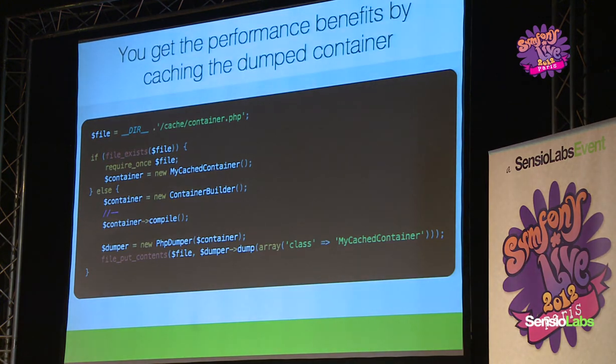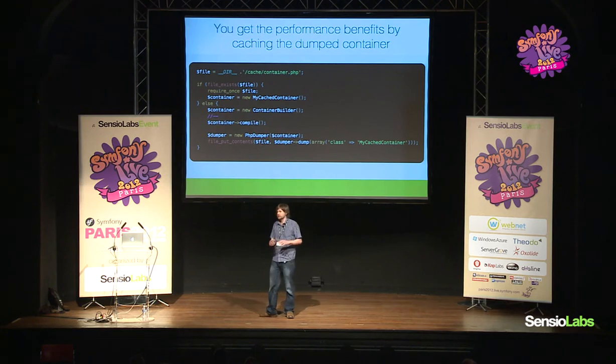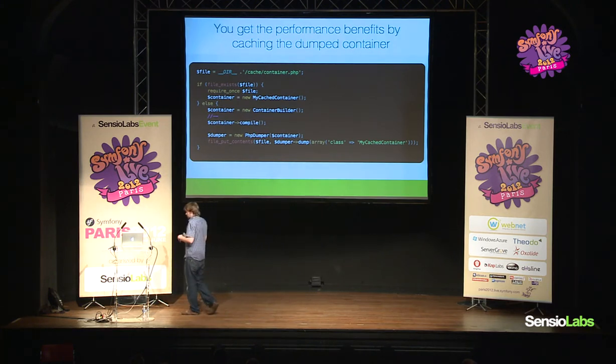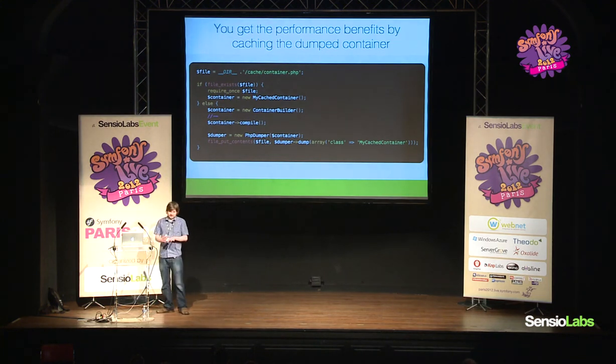But it's pretty straightforward, because in the component there's a class, PHP dumper, which you can pass the container to after you've run through the process of adding all this configuration into it and called compile on it. Then you can use the PHP dumper class to dump this container to a fast, efficient PHP one.